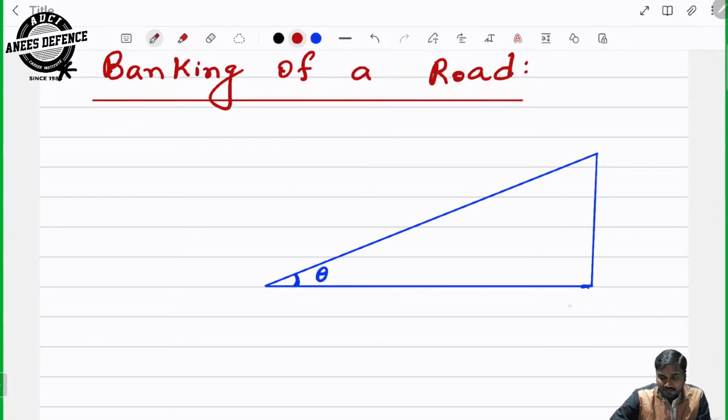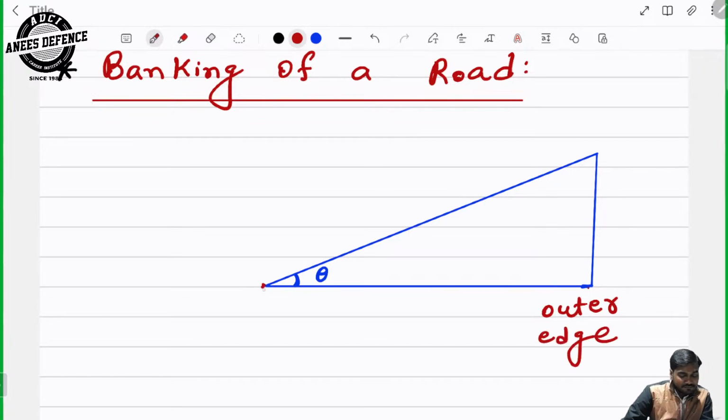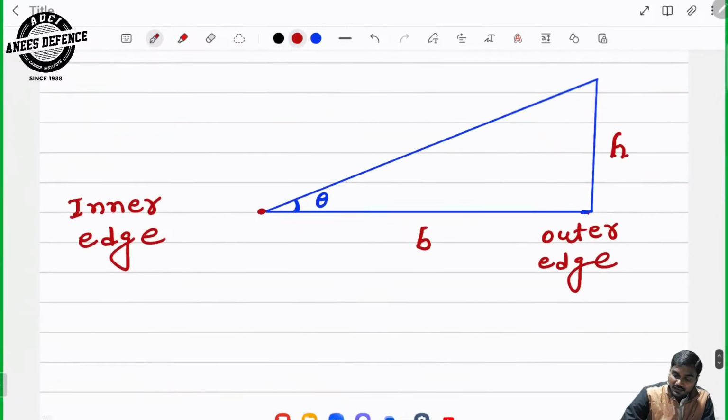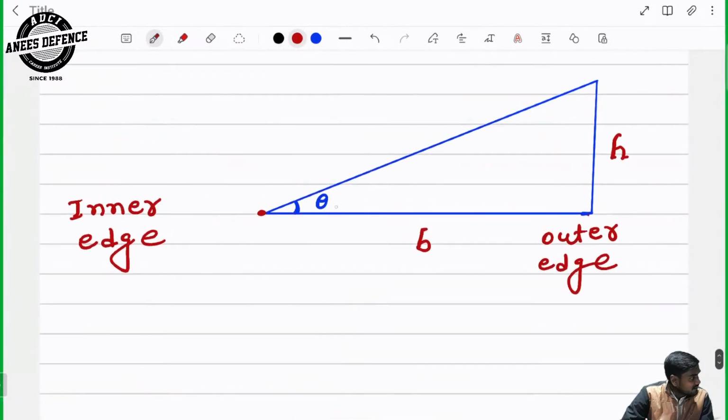This is the outer edge. Is it clear? So, consider height of that road outer edge is h, and breadth is b. Then angle of banking, you have to calculate theta.